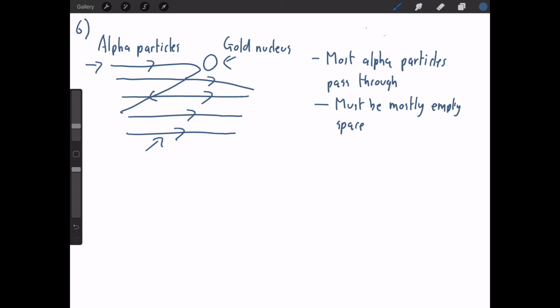Because if this was much bigger, you'd get a lot more particles being deflected. Very few of the alpha particles were actually backscattered or deflected through a large angle. So few of them, 1 in 8,000 I think, were backscattered. And that simply means they came back in the opposite direction.